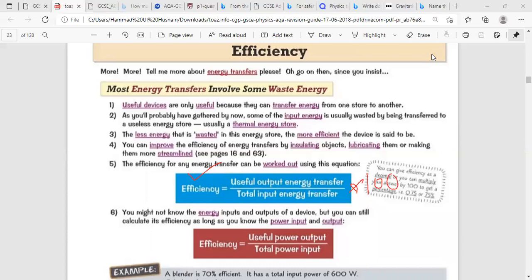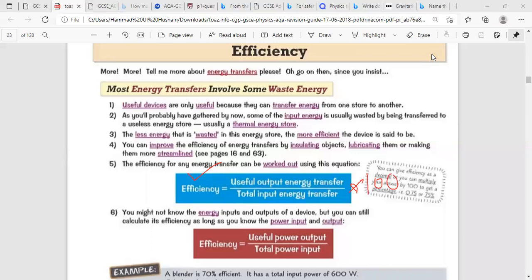You might not know the input in terms of energy, but you can easily know the input in terms of power. So if you know the input and output in terms of power, you can calculate the efficiency.